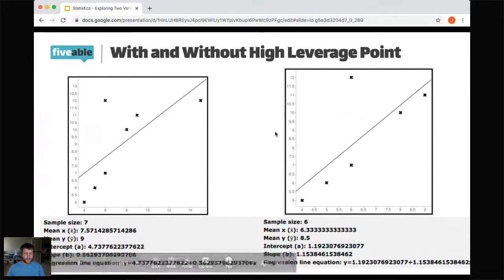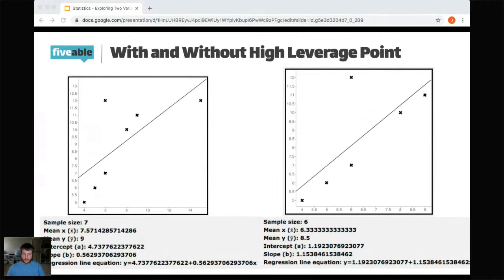So another thing, do you think that the R value is going to be higher with the leverage point or without the leverage point? So the R value, which one do you think would be higher? Okay, I have an answer for without.